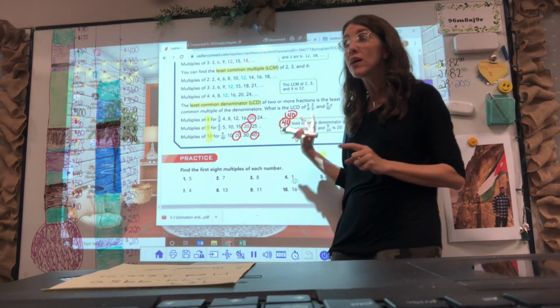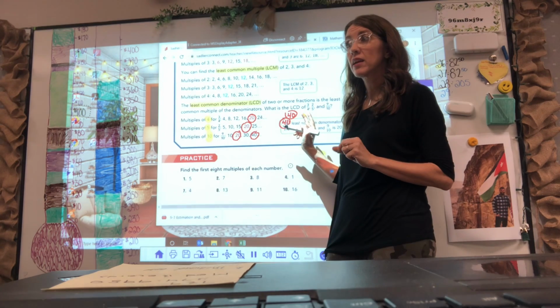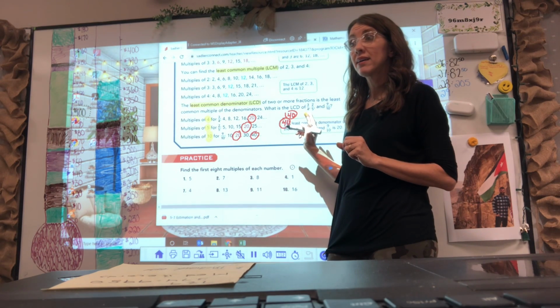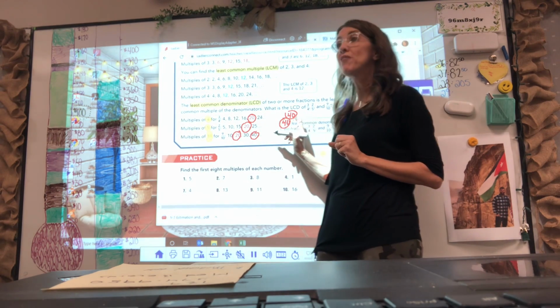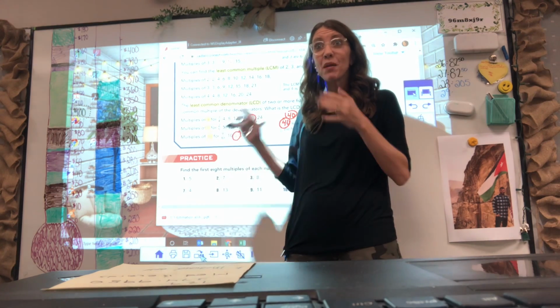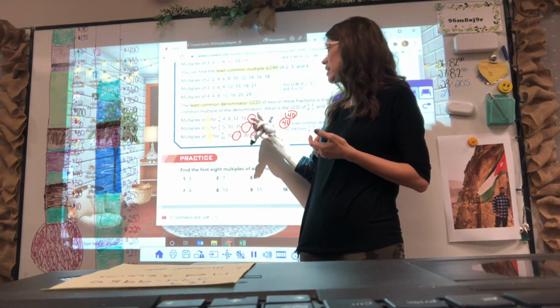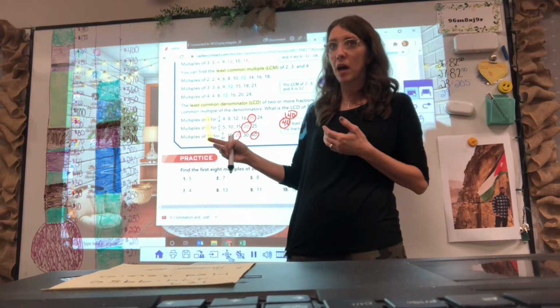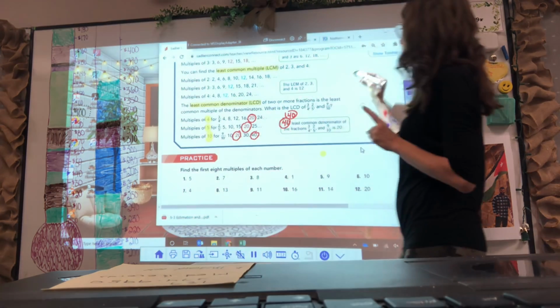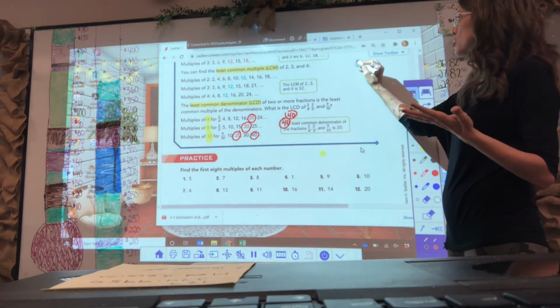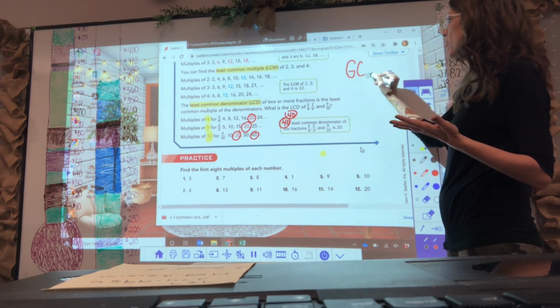But you really want to find the least common multiple, or in this case, the least common denominator.